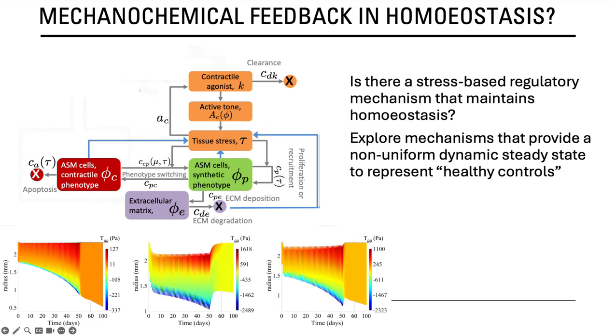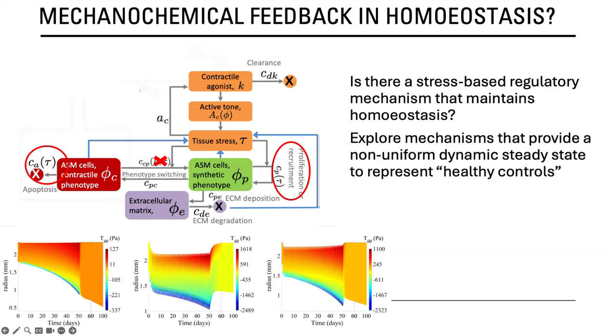We have some kind of closed system where everything is in a steady state, where you don't have any thickening of the airway wall. What we mean by that is we want V at the outer radius to be 0, but we also want the tissue velocity at the inner radius to be 0 as well.